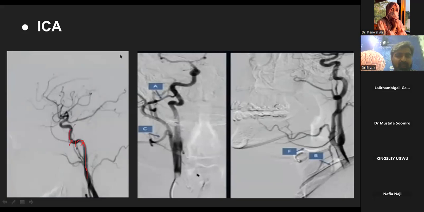Look at here, this whole portion is the cavernous part. Then it is the clinoidal part, which is short, from here to here. Then it is the ophthalmic part. Then this is the communicating part.